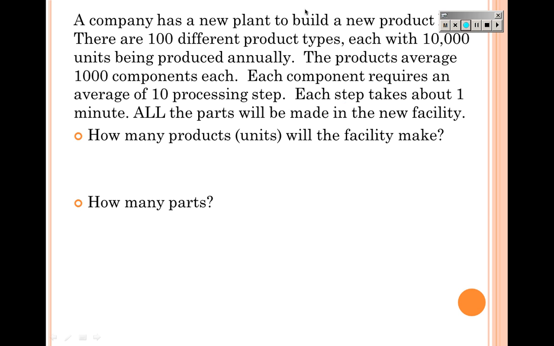So if we look at that, we've got 100 products times 10,000 units per product.